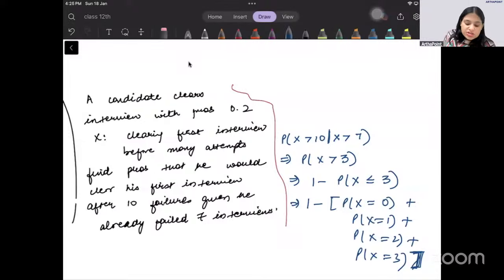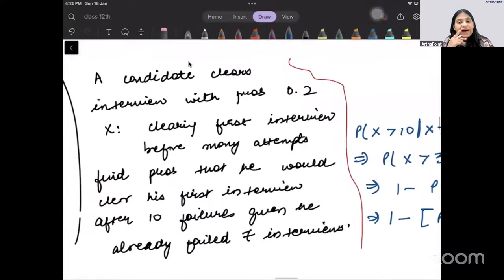Yes. So see, what has happened is, in fact, I can help you go further with it. Okay, no problem. So look at what the question is saying. The question is saying that the person has given 7 interviews and has cleared none of them.